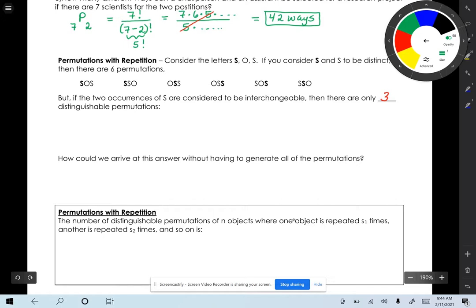You can have O, S, S, S, O, S, and S, S, O. If you consider them interchangeable, how could we arrive at this answer without having to generate all of the permutations like we did above?